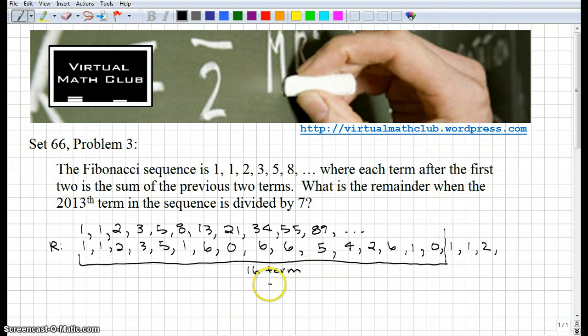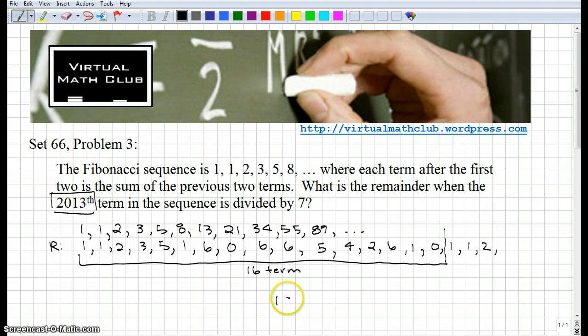So we want to figure out what the 2013th term is. That's our goal. So we have to figure out how many times this pattern of 16 repeats itself, and then how many more.